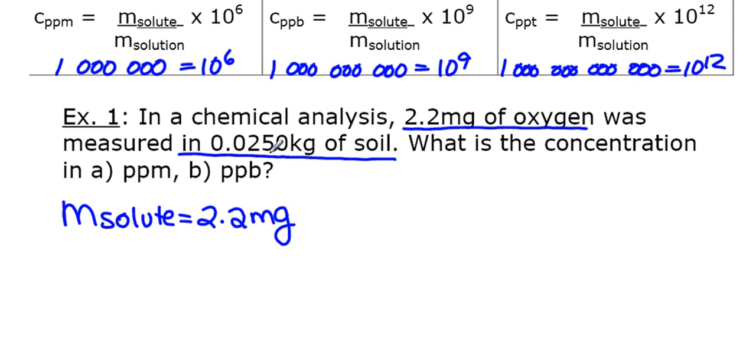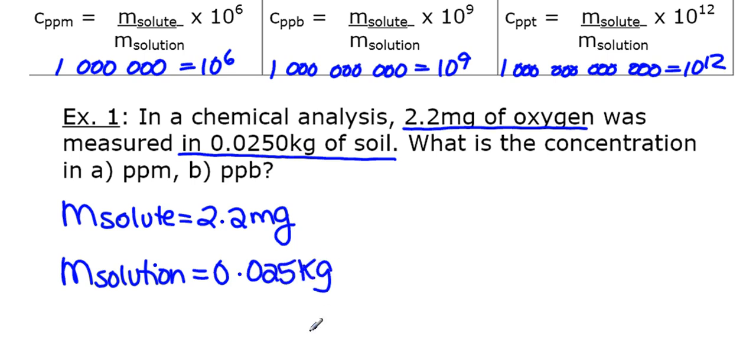So this 0.250 is the total amount of your sample, which would make it the total solution here. The oxygen is already part of this. Then we want to find out parts per million and parts per billion.